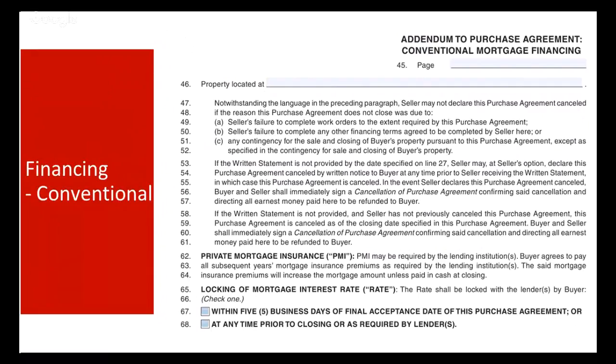Okay, so if the seller just says, hey, you missed your date, we're canceling, well, the earnest money goes back to the buyer, right? But if we get past that date, they've received the letter from the lender and we're a day or two before closing, and the buyers just get cold feet, well, at that point, if they do cancel, the seller gets to keep their earnest money. And honestly, that's going to be the least of the buyer's problems or worries, because the seller can do a lot more at that point as well.